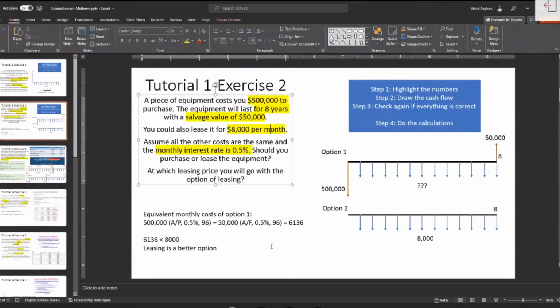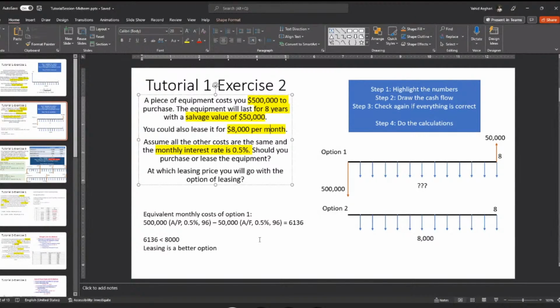Also, I thought some of you used the present worth of this cash flow, and that is doable, but perhaps it would be easier if you could calculate the monthly payments for the first option.